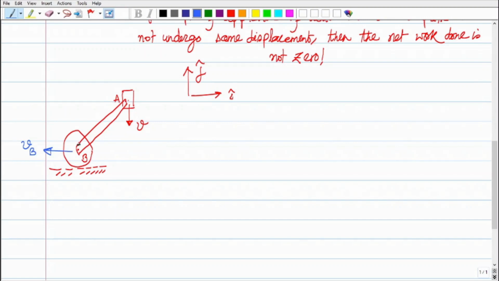So you simply draw vertical lines from B and A. So here is the vertical line from B and then from A. And that's your IC, instantaneous center of rotation. And then the center of the link could be, let's say, somewhere here, which is C.